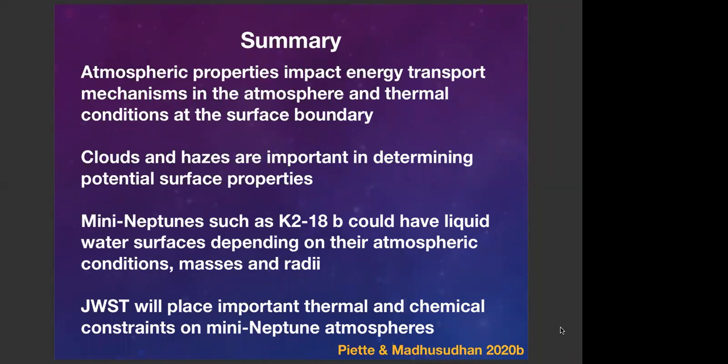Yes, hello. Thanks for the interesting talk. I have a couple of questions regarding those L and T dwarfs. As far as I know, the radio observations of those objects show a pretty strong magnetic field, from 3 to 4 kilogauss. So if we calculate the photospheric pressure exerted by the magnetic field, it will be pretty strong.